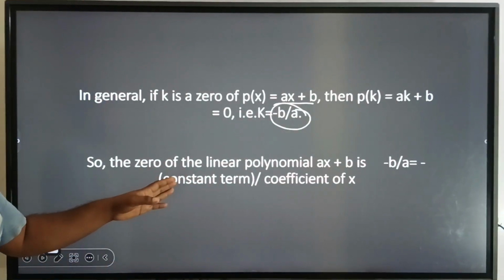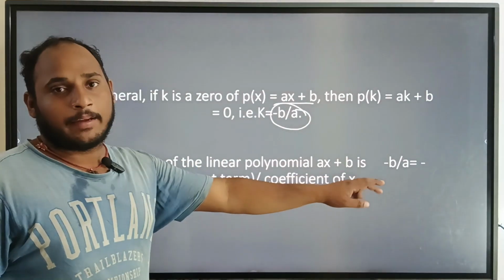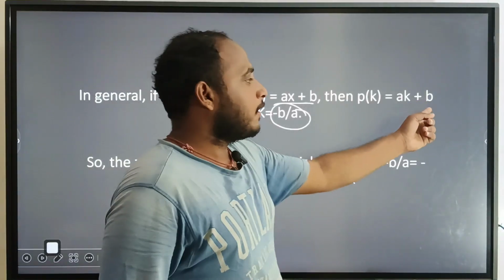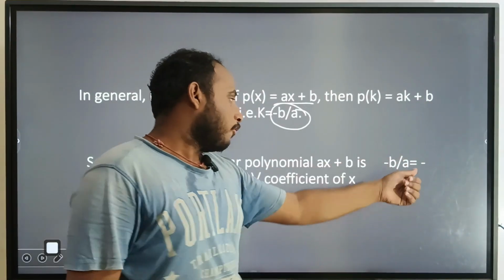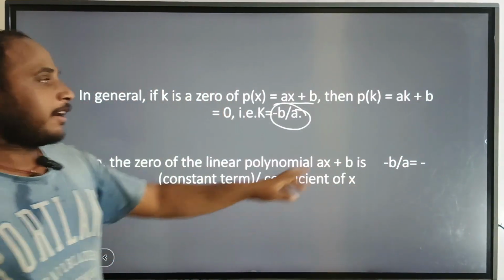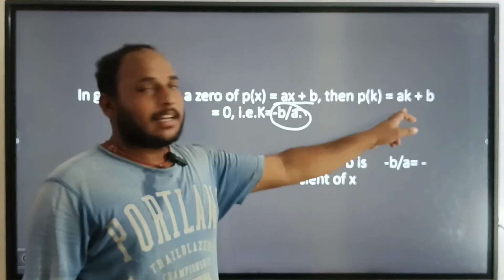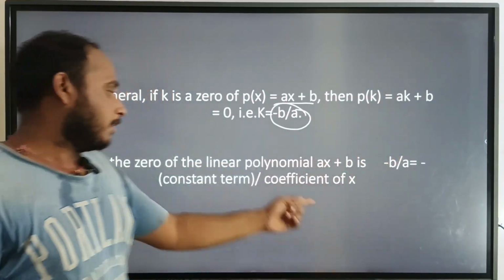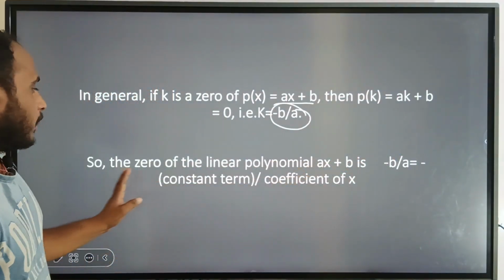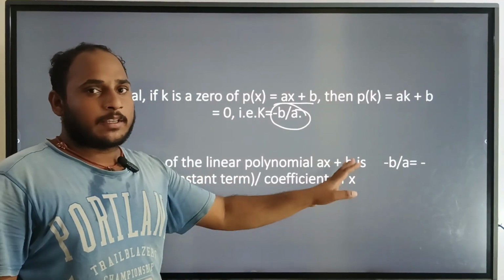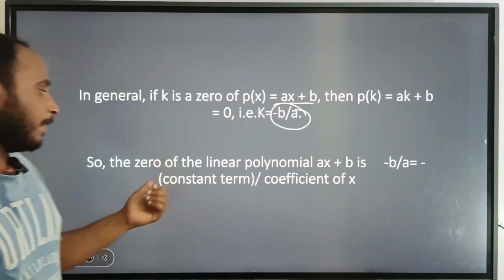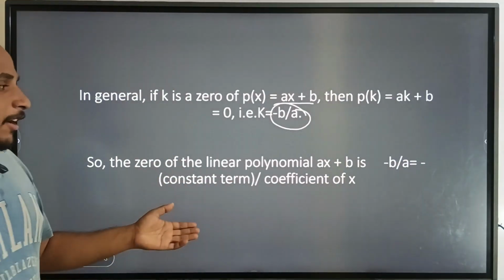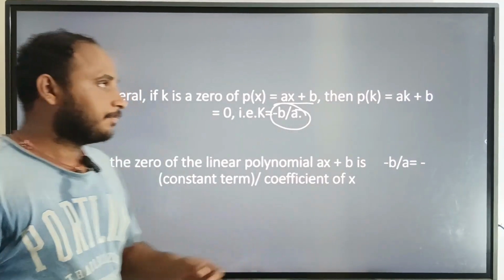Here b is the constant term and a is the coefficient of x. Therefore the 0 of the linear polynomial ax plus b is minus b by a, which is the minus of the constant term divided by the coefficient of x.